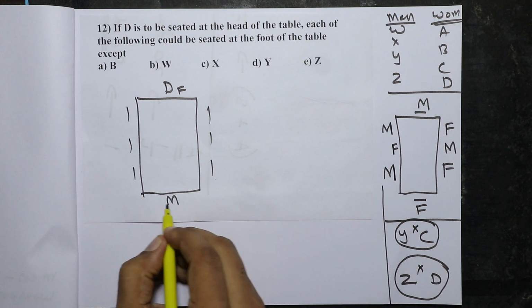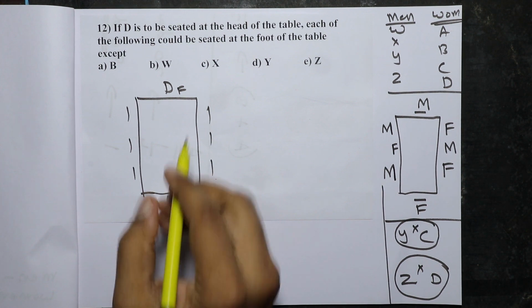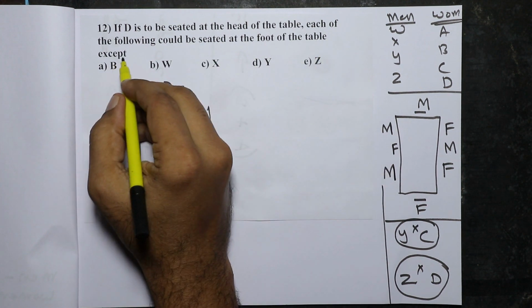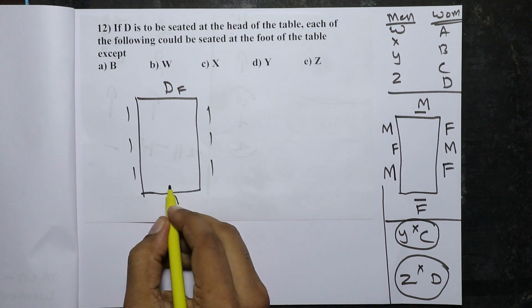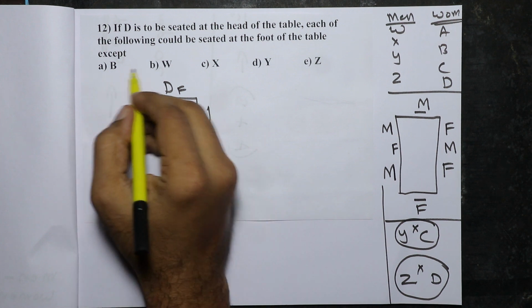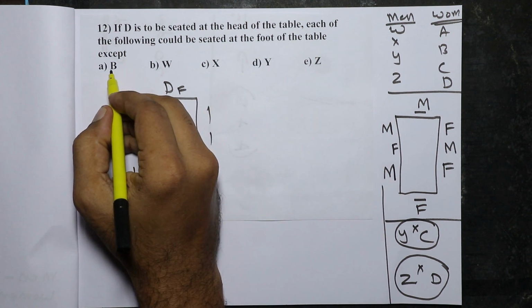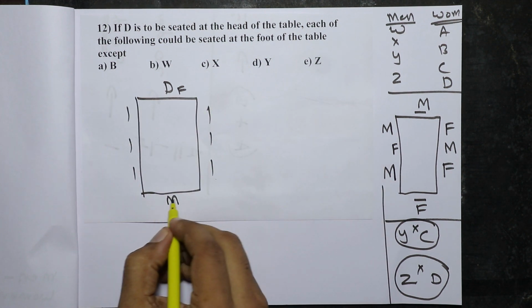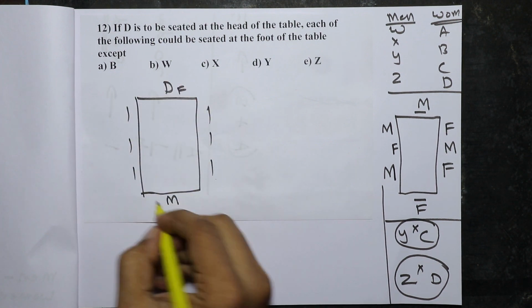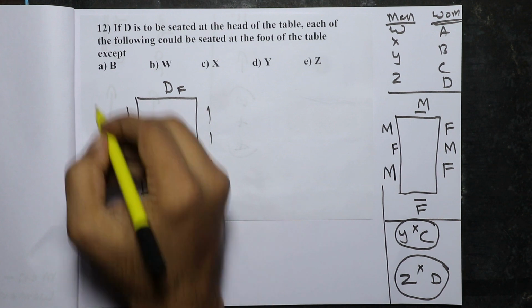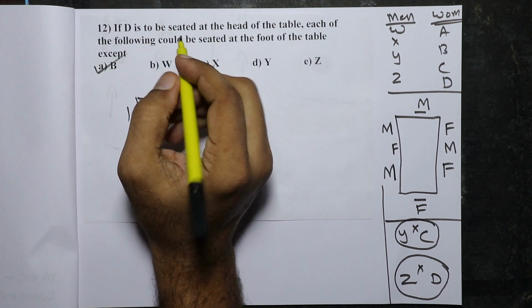Now this cannot be female, this has to be male. So we need to find out the person who cannot be seated at the foot of the table. Among the options the only female is B. So B cannot be seated here because this has to be male. So who cannot be seated here at the foot of the table? It is option A, B.